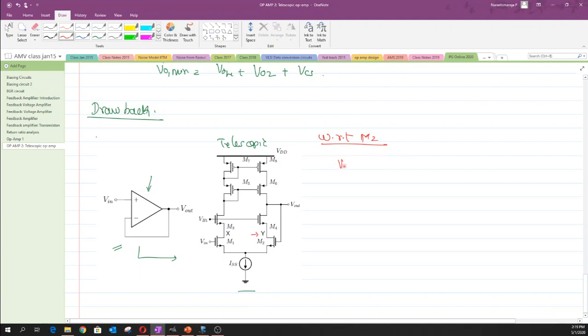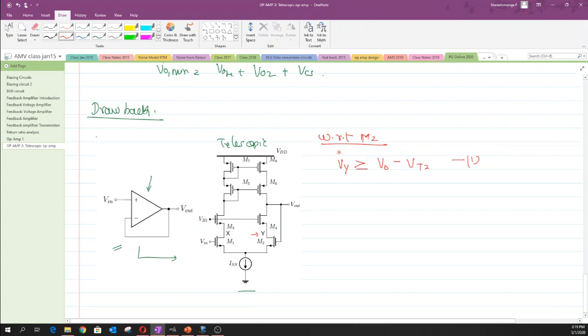So we want this drain of M2 to be either greater than or at least equal to the gate potential of this M2, where the gate is connected to the V out. So let me write it as VO rather than V out, minus VTH. It is nothing but VGS minus VT of transistor 2, and let me label this as expression number 1.